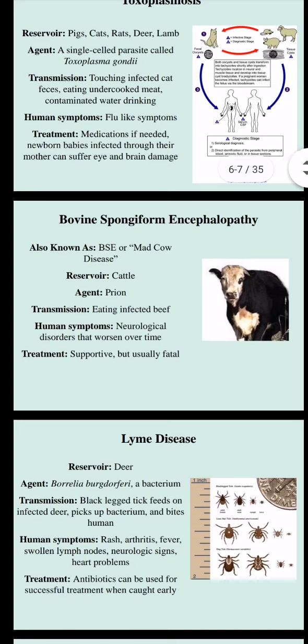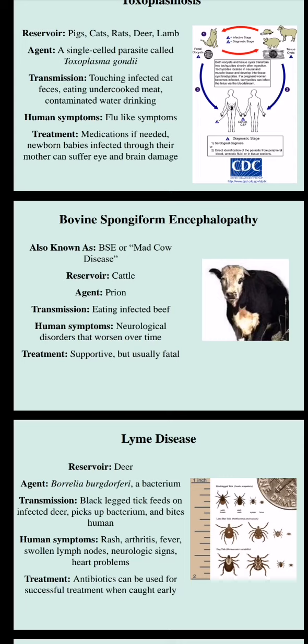And the next disease is bovine spongiform encephalopathy, also known as BSE or mad cow disease. The common name for this is mad cow disease, and its reservoir is cattle. The agent which causes this is not a bacteria nor a virus.